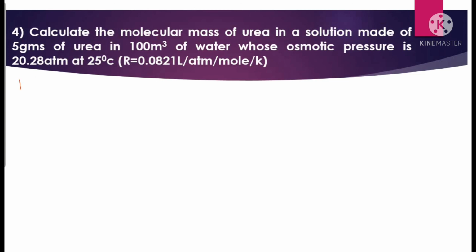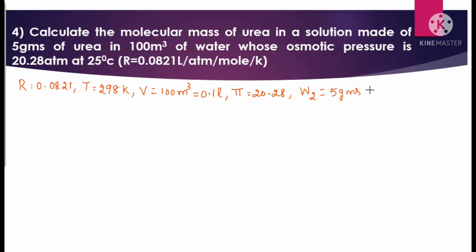R is equal to 0.0821, temperature T is given as 25 degrees centigrade, so converting to Kelvin scale, that is 298 Kelvin, and V is equal to 100 meter cube, which we convert to liter, that is 0.1 liter, and the osmotic pressure is 20.28 atm. And the weight of the solute is also given, that is urea's weight, W2 is equal to 5 grams. And you are asked to calculate M2, that is the molecular mass of urea.